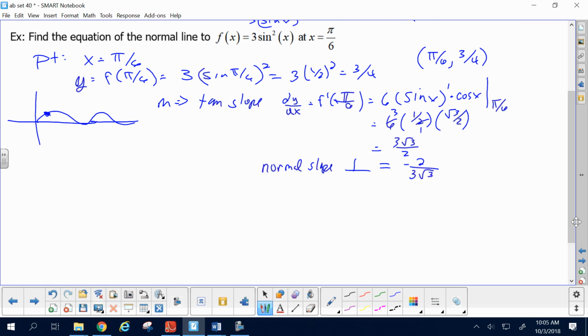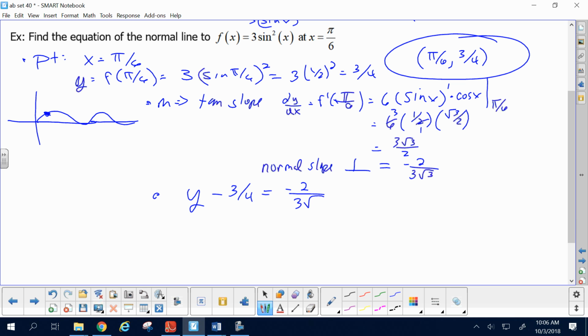Now write your equation. Slope, point, the equation in point slope form is y minus 3/4 equals the slope, -2/(3√3), the opposite reciprocal slope, times x minus pi/6.